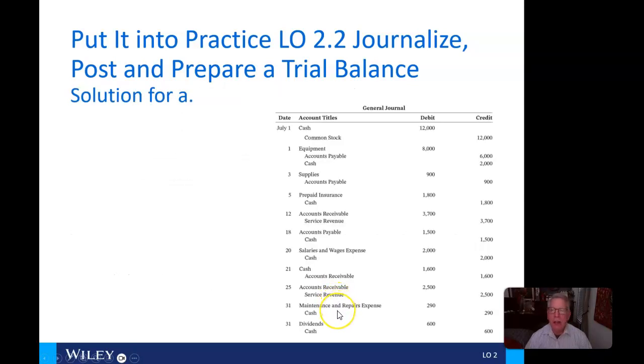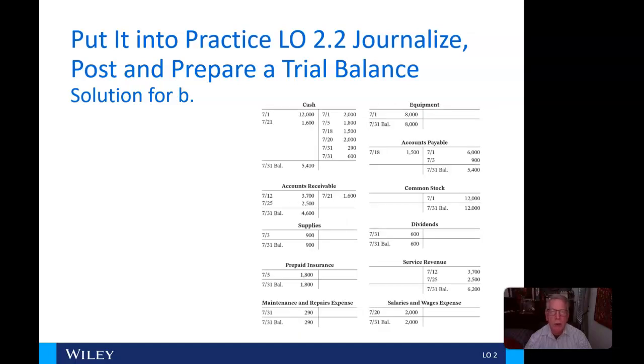All right, so here we posted and prepared a trial balance. So we have to, first of all, journalize all the transactions, which we've done here. I'll let you look at it a little bit here. Now, those balances are going to go into the general ledger accounts, as you see here.